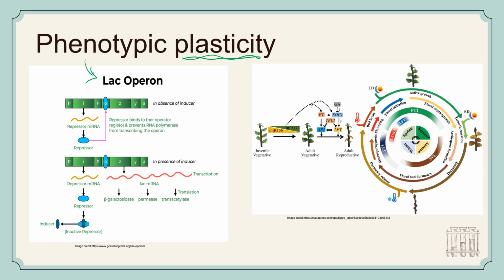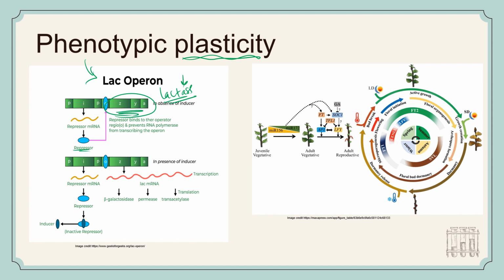So bacteria have this super cool thing called a lac operon. It is this cluster of genes. These genes are going to code for the lactase enzyme that breaks down lactose. If there is no lactose in the presence of the bacteria, why would it make this enzyme if there isn't even any lactose to digest? And so when there is no lactose in the bacteria's environment, this set of genes is shut down.